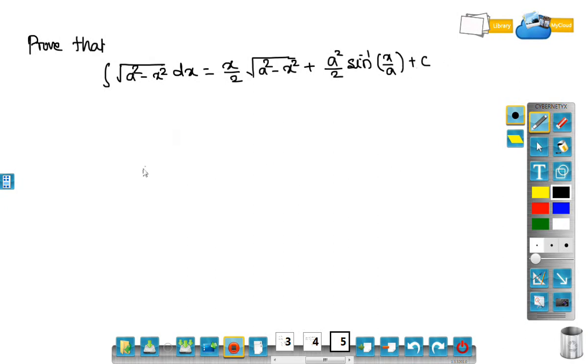So this is one of the important results. It can be proved in two different ways, one of which is integration by parts.